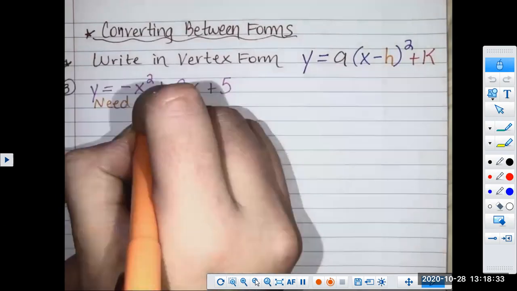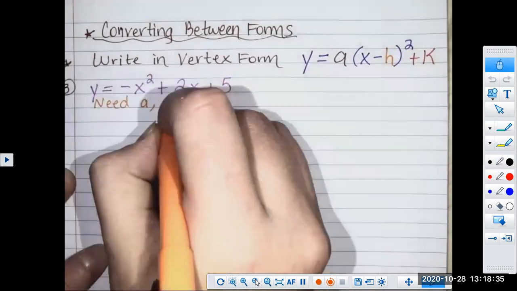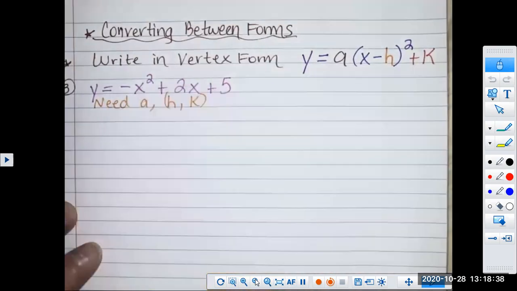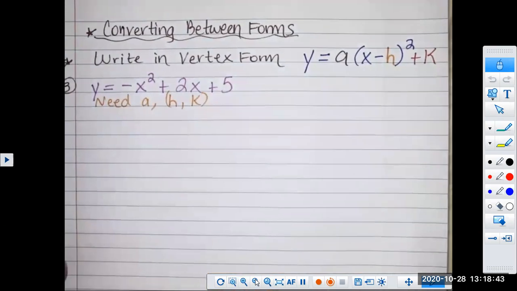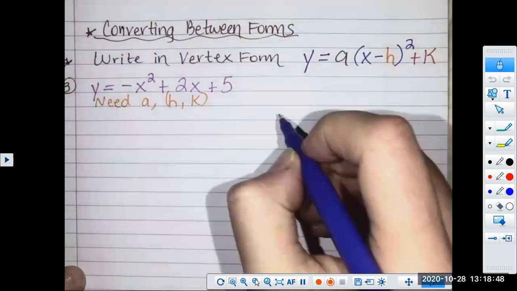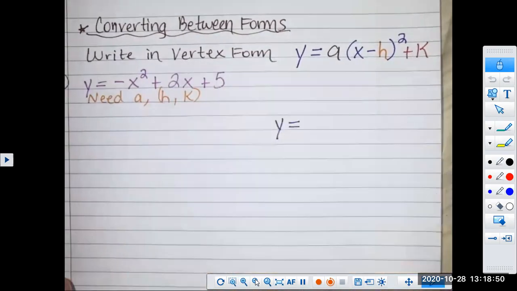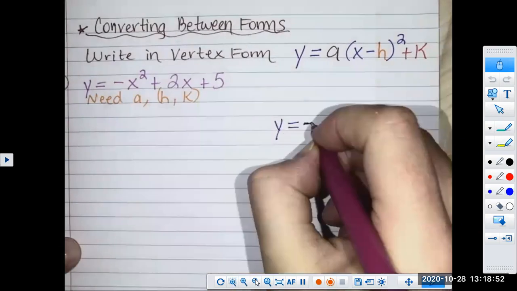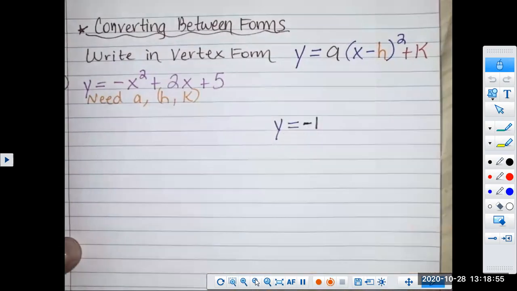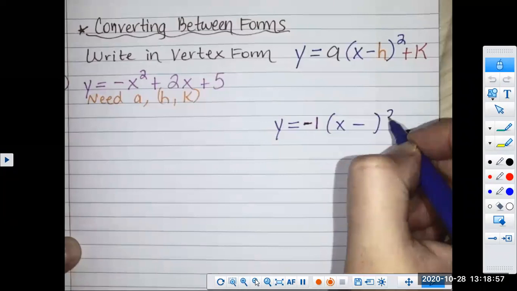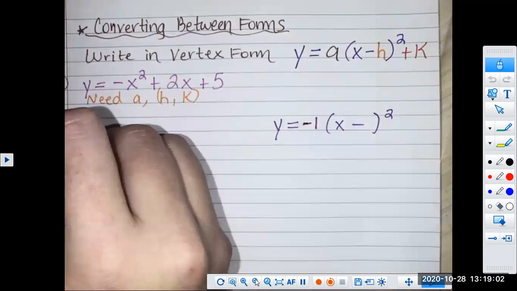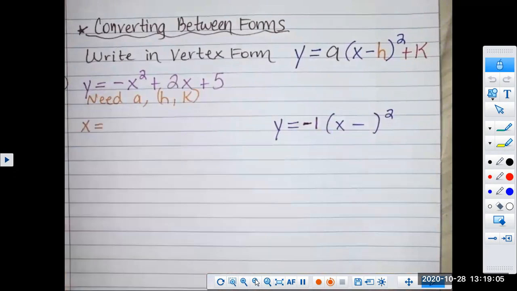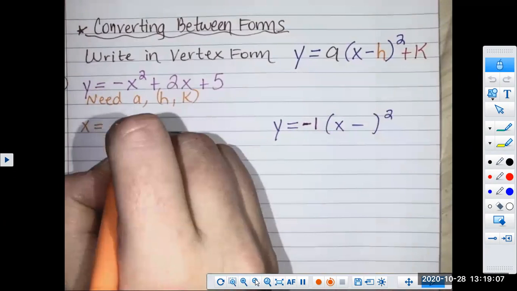So we need A, H, and K. Okay, we already know what A is, and then I have to fill in everything else. So let's figure out what X, or your H, is. Got negative B over 2A.